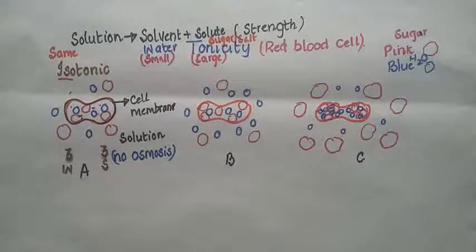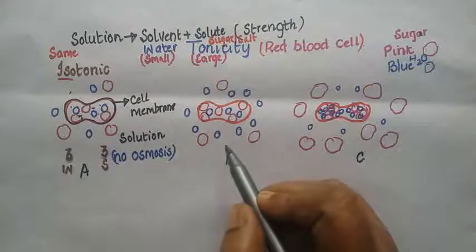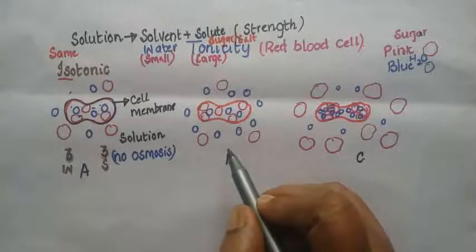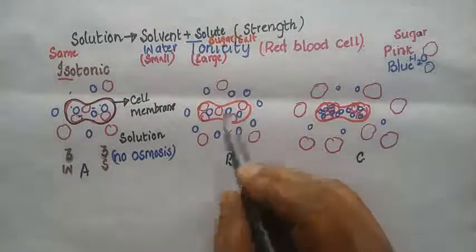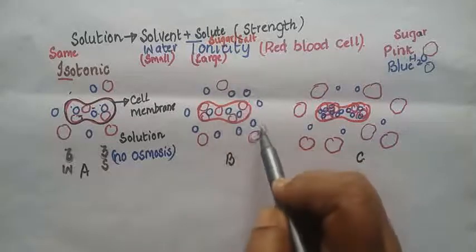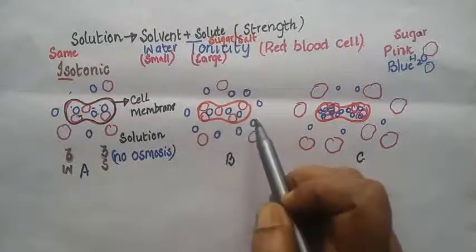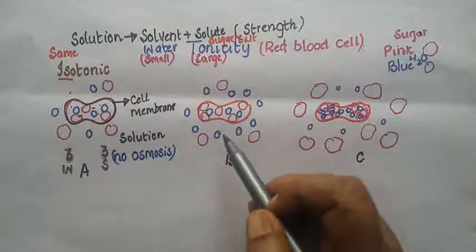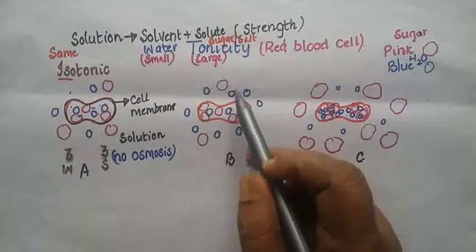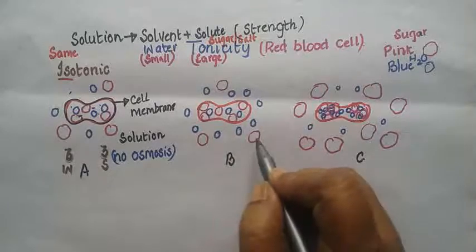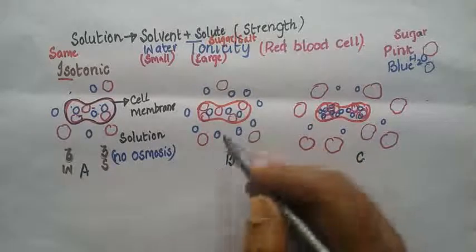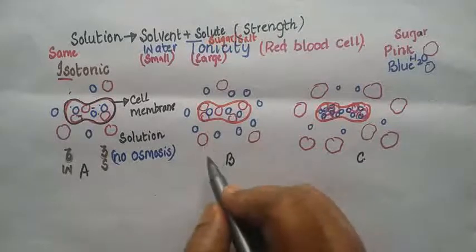Fine, children. Look at the second diagram. Again a RBC. Right? Let us count the number of water molecules followed by solutes. We will only consider the outer side now and compare it with the fluids inside the cell. So if you look at the outer solution, what do you have?